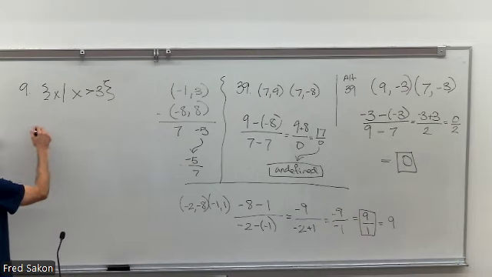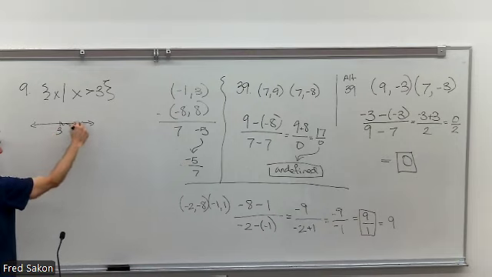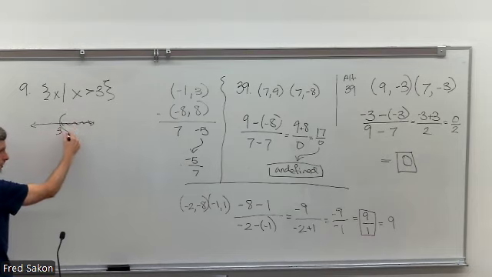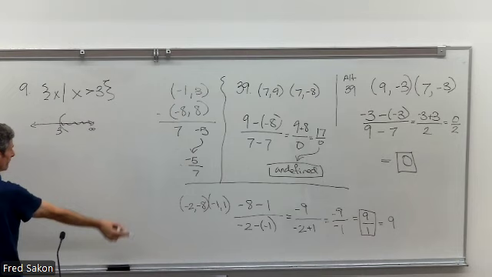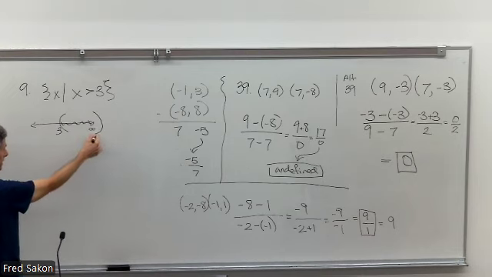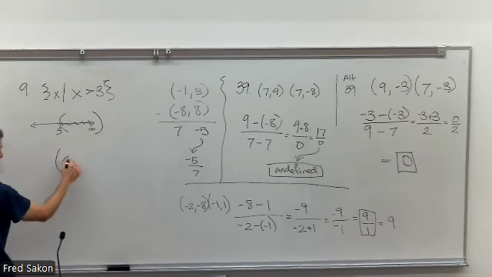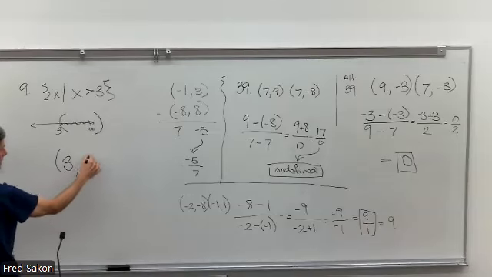We want to write this in interval notation. I would first recommend you sketch it out. From 3, we're looking greater. I also don't have my equal bar, so that means I'll use a paren. I'm going up indefinitely, so I use an infinity over here. That always gets a paren. And so now I'm ready to write my interval: paren 3, comma, infinity paren.